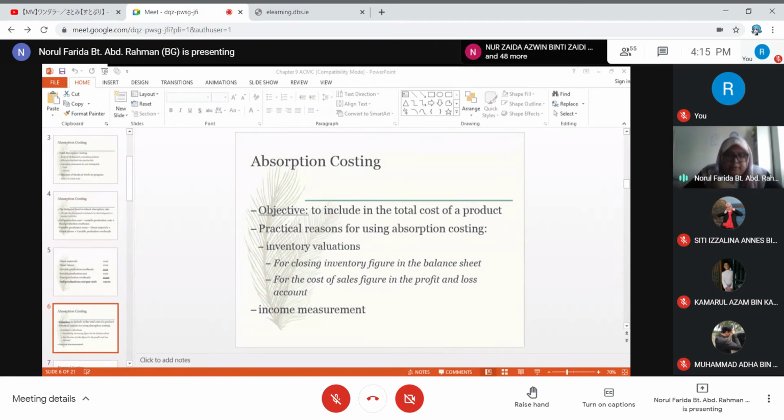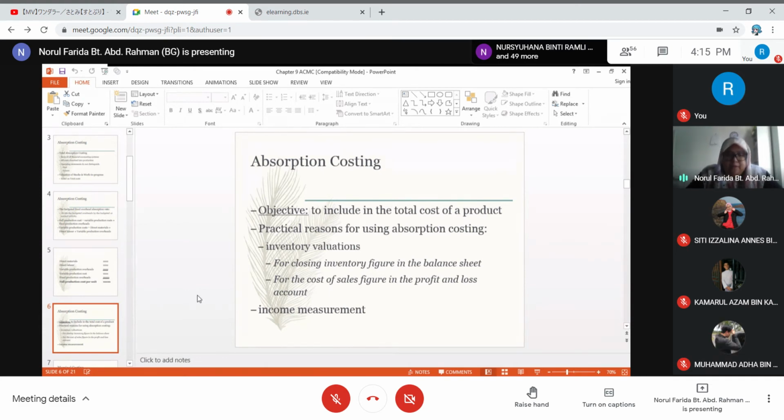Okay, so the theoretical justification for using absorption costing is that all production overhead are incurred in the production of the organization's output, and so each unit of the product receives some benefit from this cost. Each unit of output should therefore be charged with some of the total overhead cost.